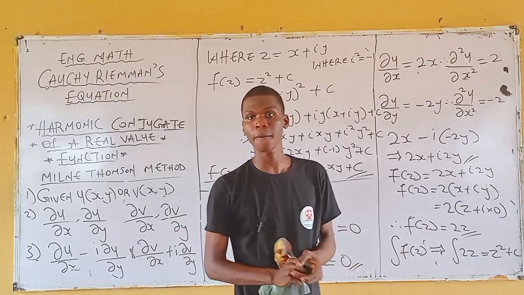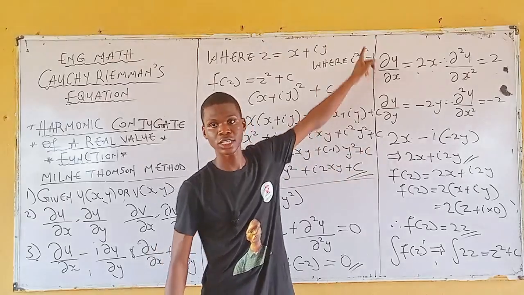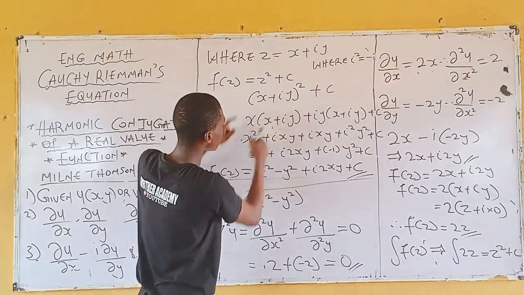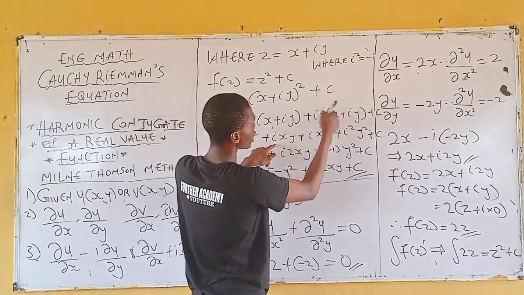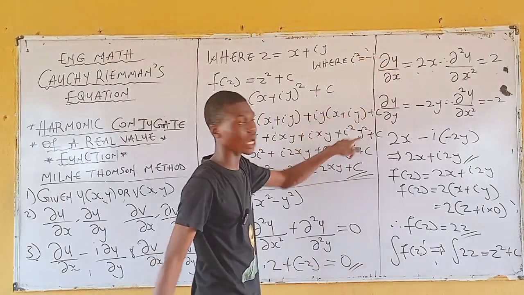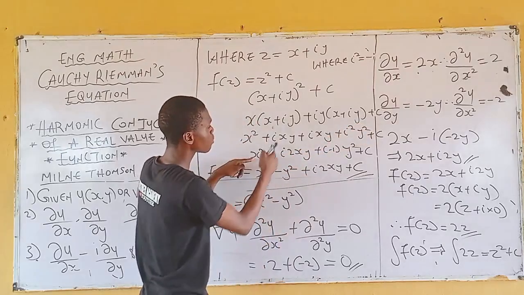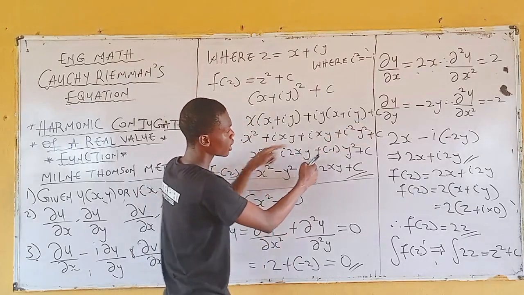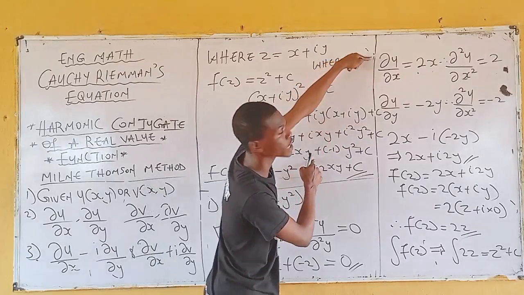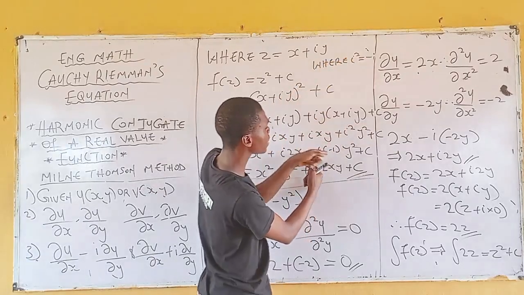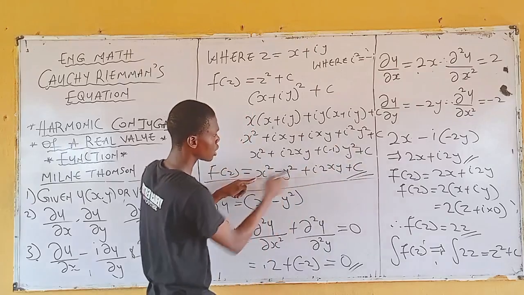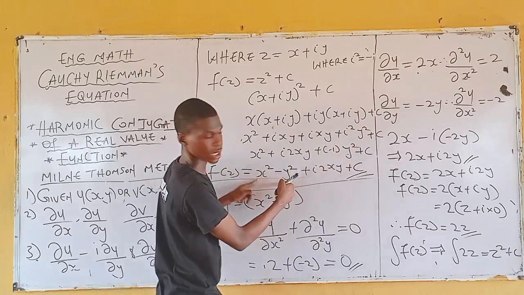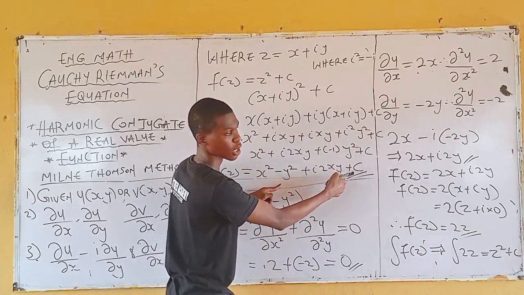From complex number, i squared is equal to minus 1. This multiplied by this, you have this. This multiplied by this, ixy. This multiplied by this, i squared y squared. Anywhere you see i squared, substitute minus 1 from complex number. So you have minus 1 multiplying y squared. By the time you solve this, you get x squared minus y squared plus i2xy plus c.